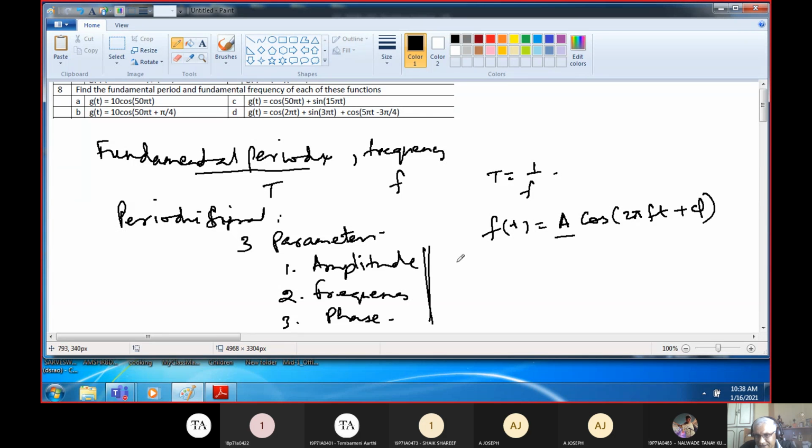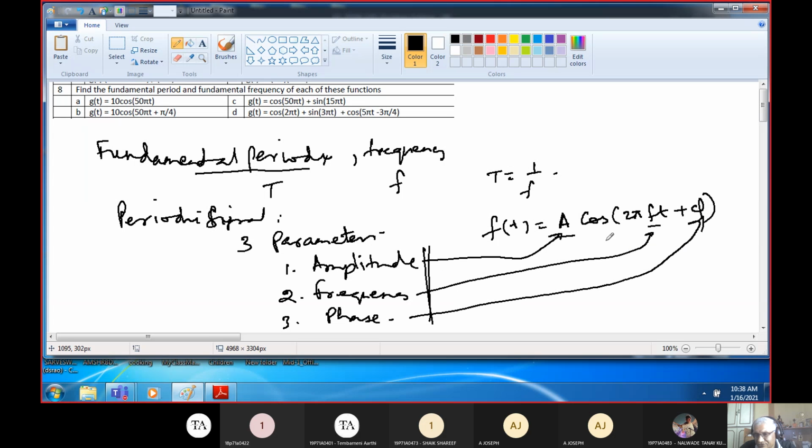Here we can say A is the amplitude, f is the frequency, and phi is the phase. You can write this in a slightly different way also. Instead of f, you can write it as 2 pi t by T. So then it becomes the time period.